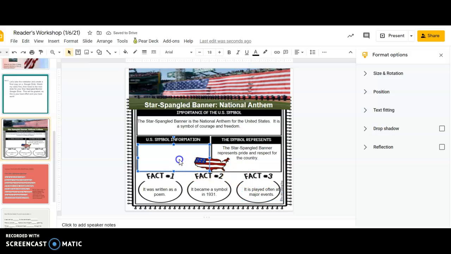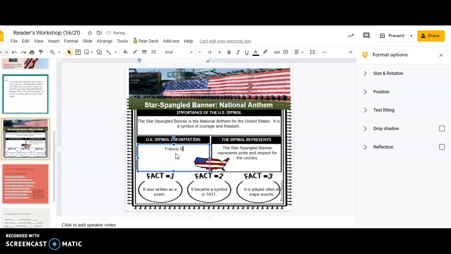Okay, so for U.S. symbol information, now that I decided my three facts, in this box I'm going to type in the fact that Francis Scott Key wrote it to honor the courage of soldiers. Remember, the flag was still standing at the end of the battle.